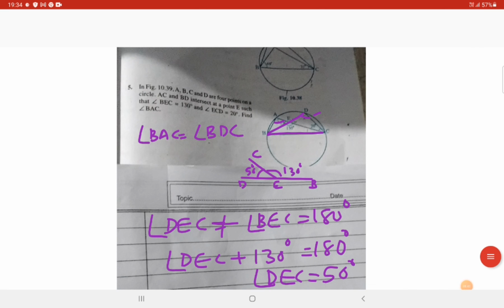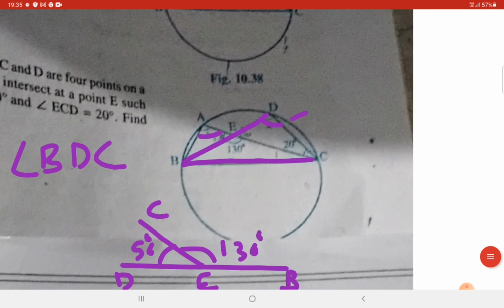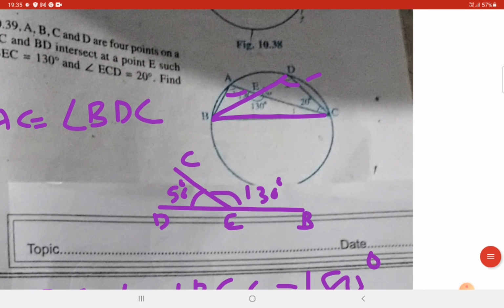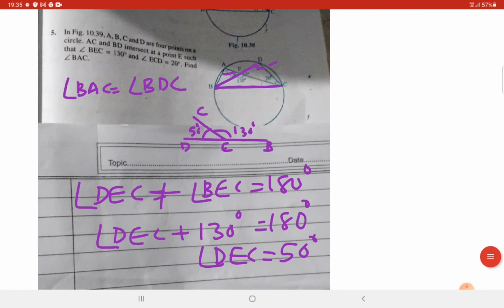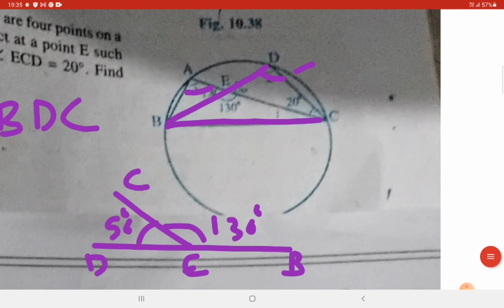Angle DEC plus angle BEC equal to 180 degree. That is DEC plus 130 equals 180 degree, so angle DEC is 50 degree.